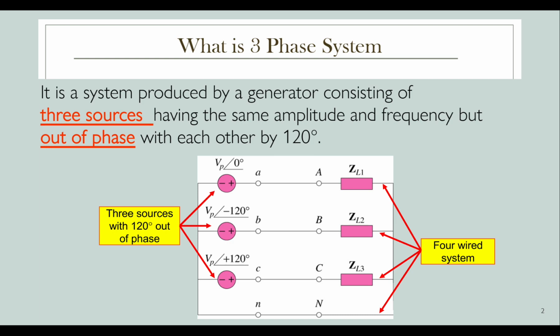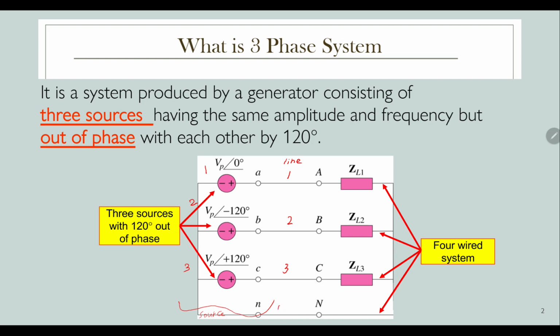Okay, this is an example of a three-phase system where you have three sources, which is 1, 2, and 3. And this one here is known as the source. The line is here, 1, 2, 3 line here. So this one is considered a line.